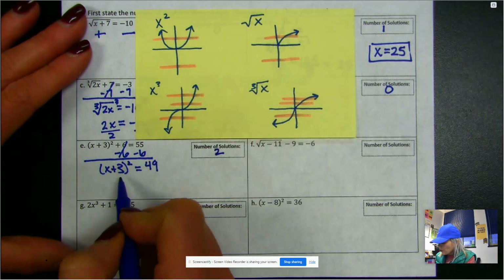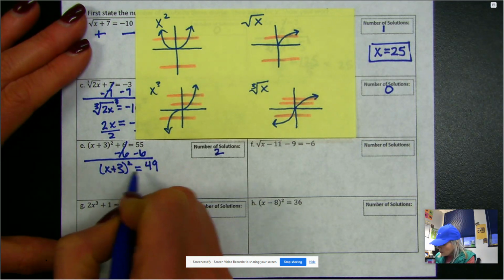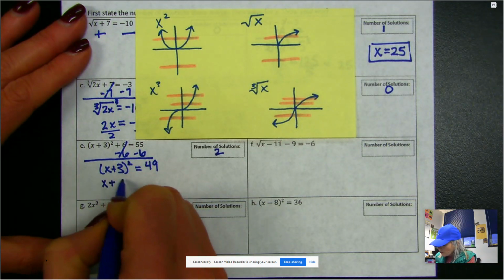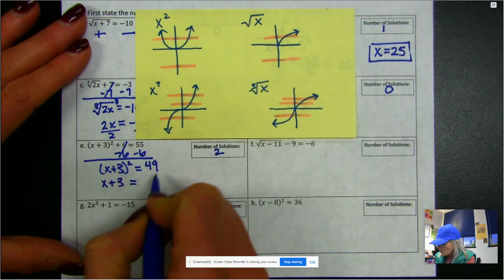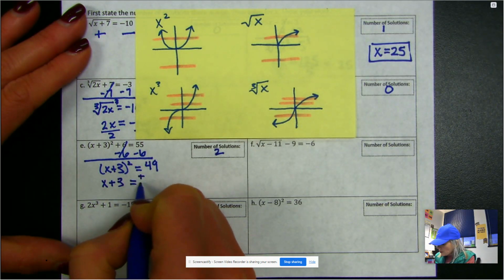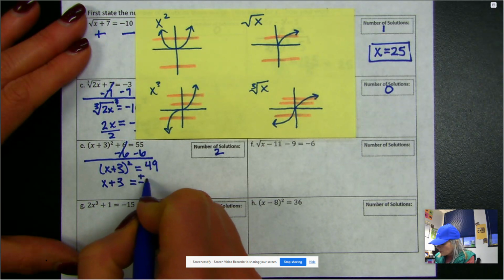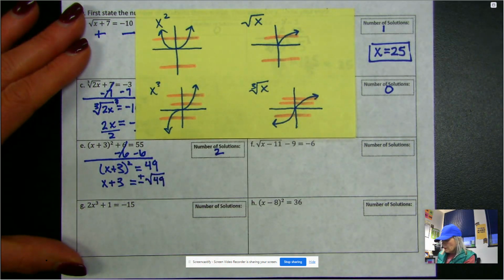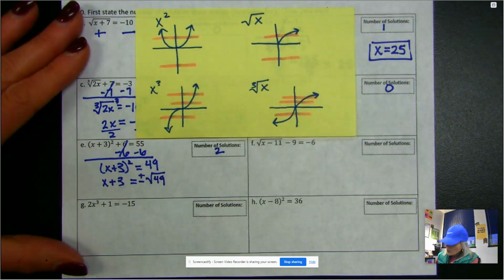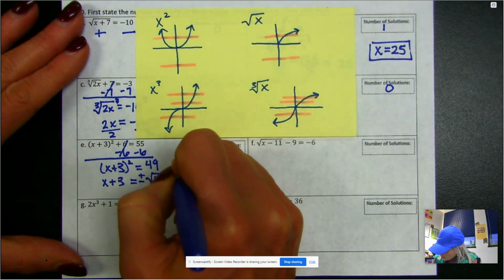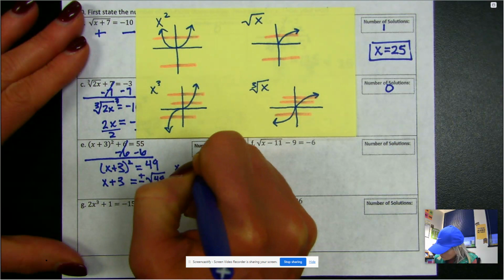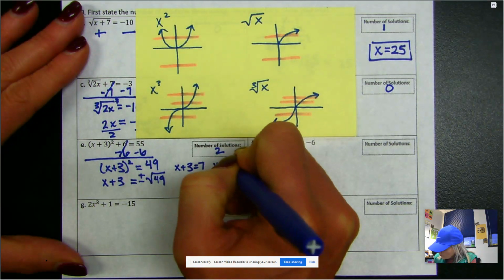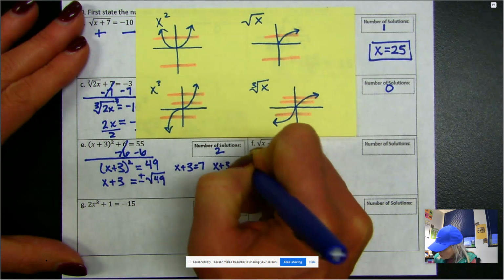All right, so first I have to remember, now I'm going to square root to get the x plus 3 out of the parentheses. But 49 has a positive and negative square root. So I have 2 options. I have x plus 3 equals 7, and x plus 3 equals negative 7.